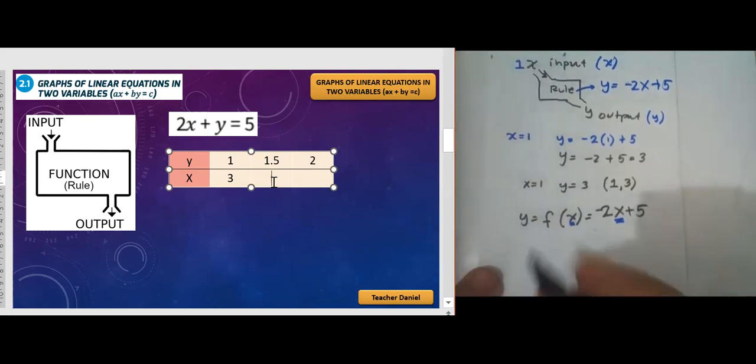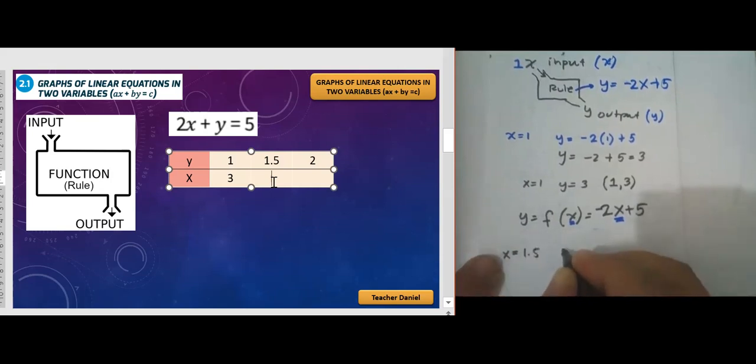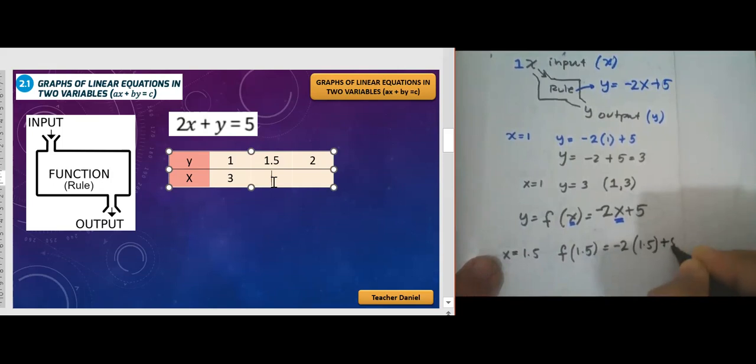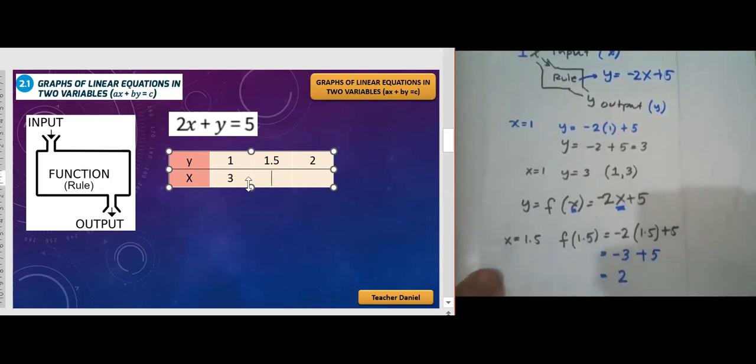Now, if x is 1.5, meaning f(1.5), you plug in 1.5, that will be -2 times 1.5 + 5. Negative 2 times 1.5 is -3, plus 5 will give you 2.